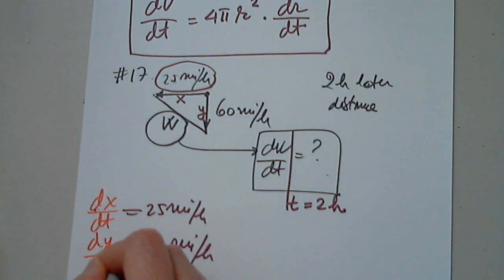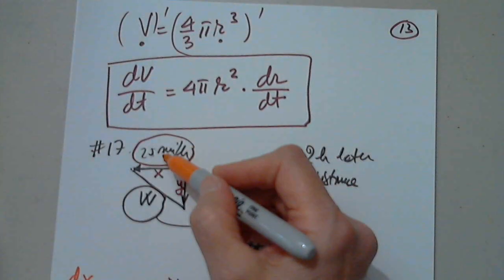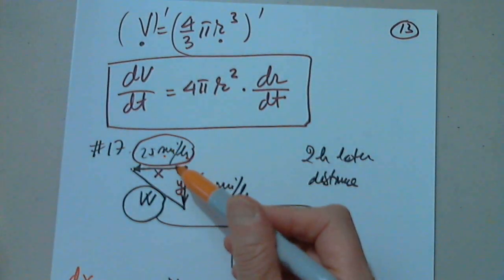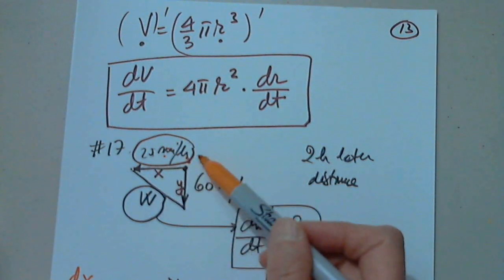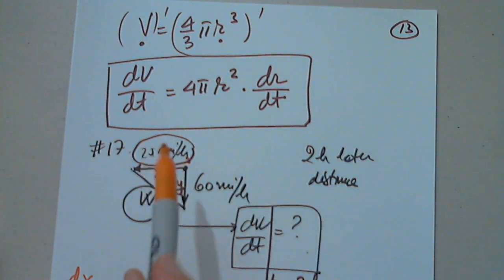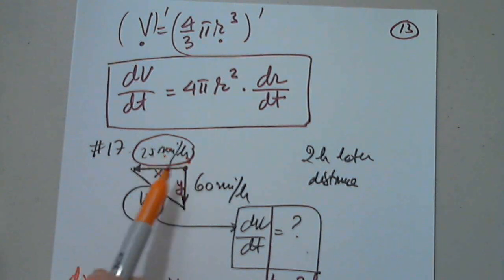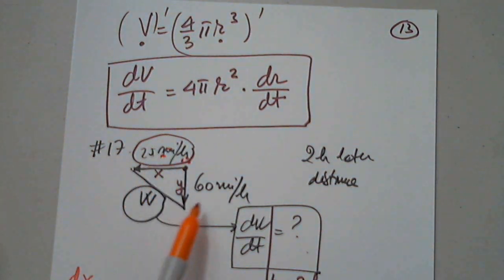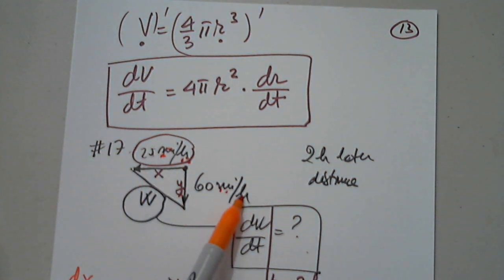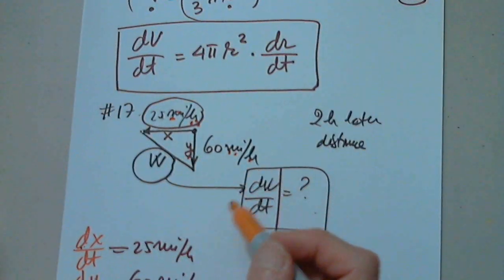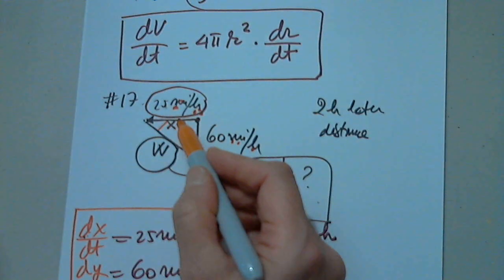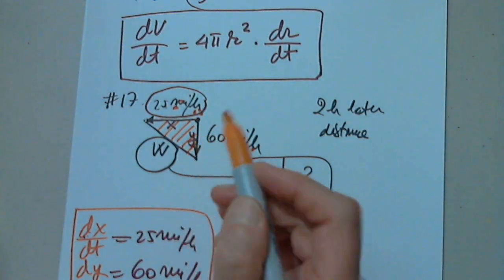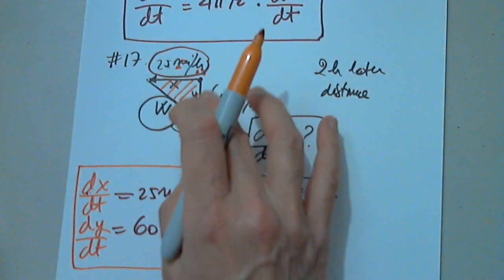Because miles per hour, it's a function of time, right? Distance with respect to time. It's a rate of change. So it has to be dx over dt. It has to be dy over dt. Miles per hour.